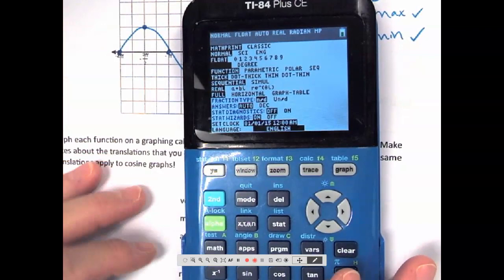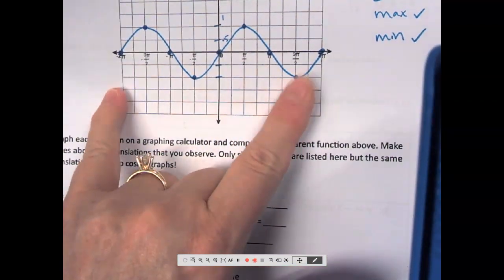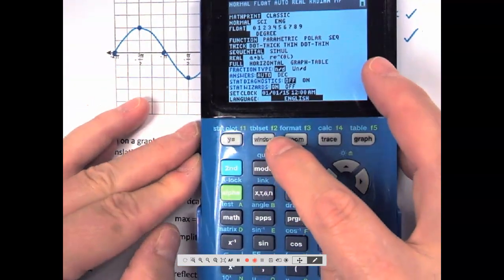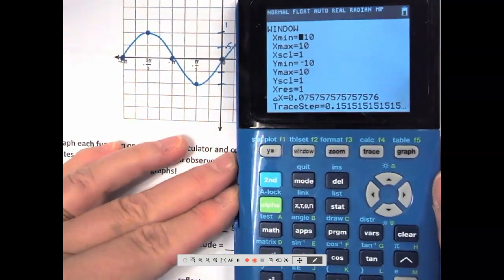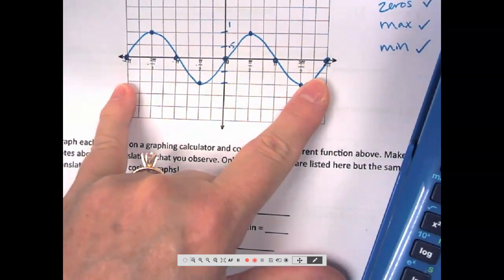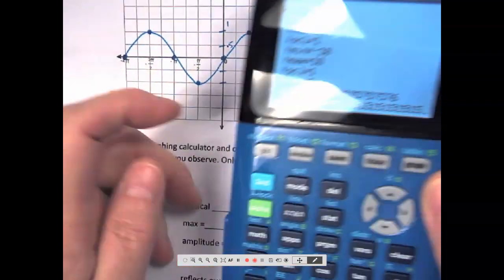Okay, now I'm going to set this graph up on my calculator just like this one is. So what I mean by that is I'm going to go to Window, right next to Y equals, and I don't want my x-axis to go from negative 10 to 10. That's not what this is labeled. This is labeled negative 2 pi to 2 pi.